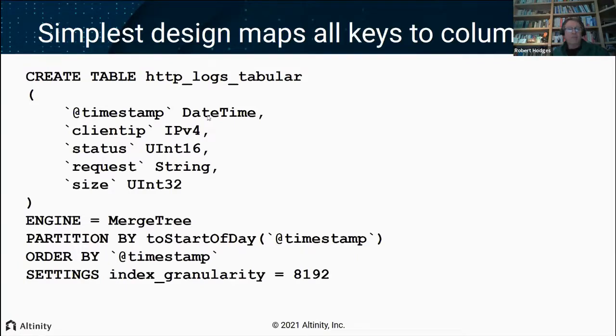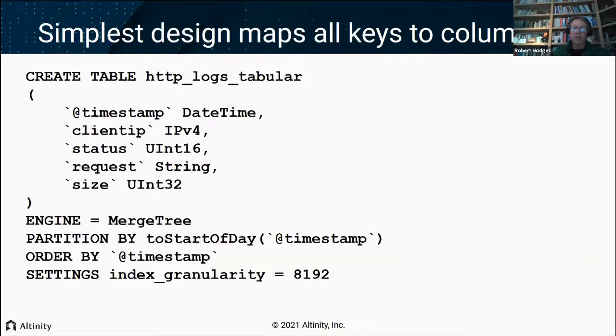But we just type them correctly, and we put them in a merge tree table. Merge tree, as you probably all know, is the workhorse table for ClickHouse. Then you give merge tree some required parameters. Specifically, how are you going to partition it? So how are you going to break up the table into parts? In this particular case, we're going to partition by day.